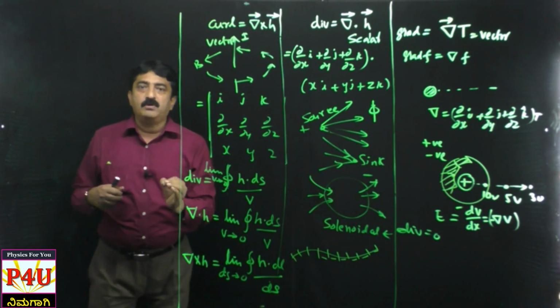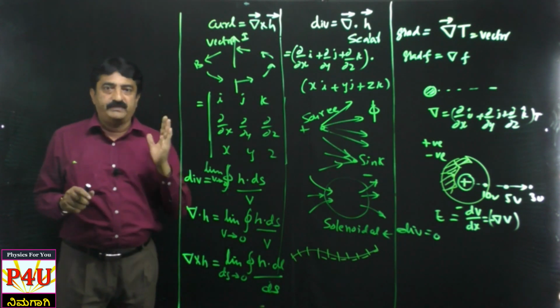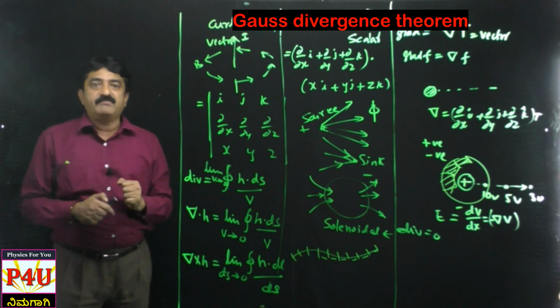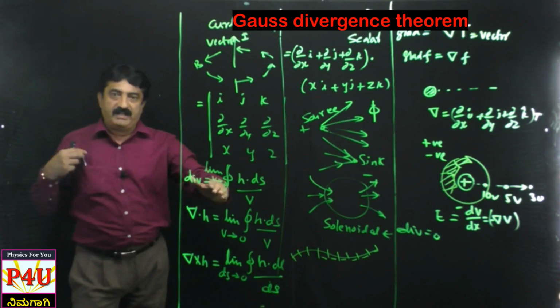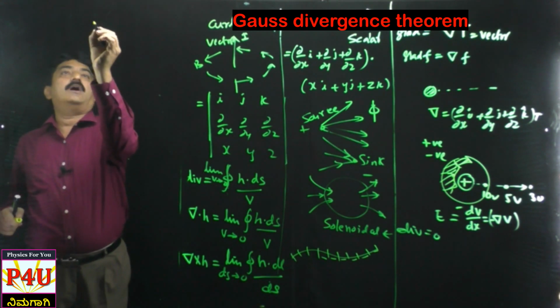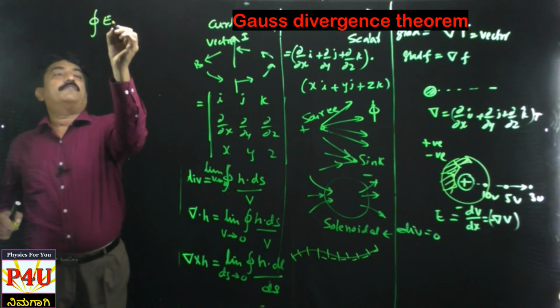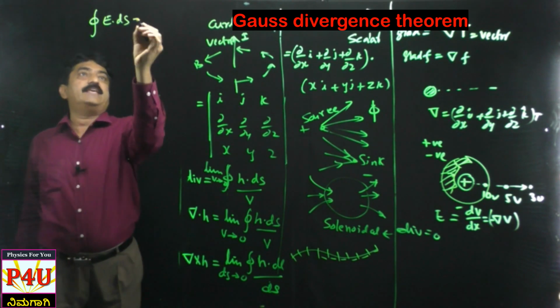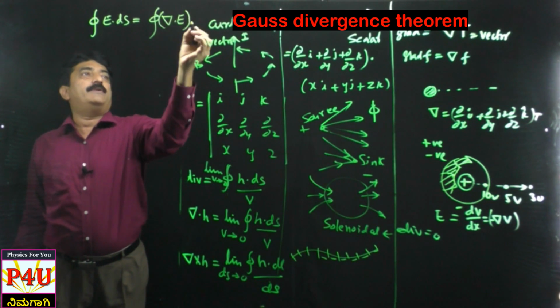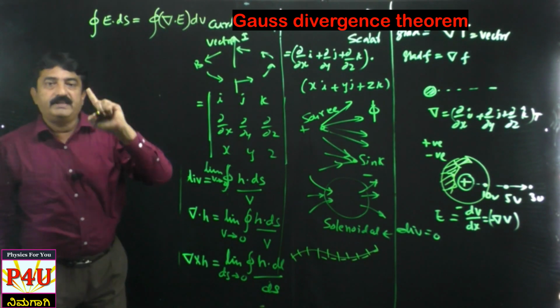Now it is time to move on to one important derivation of this chapter, that is the Gauss divergence theorem. I will explain it now, and then I will end the video. The statement: surface integration of the flux of a vector field is equal to volume integration of the divergence of that vector.